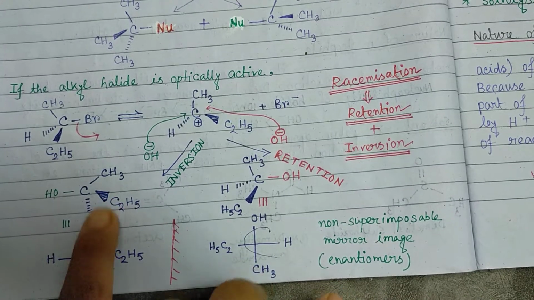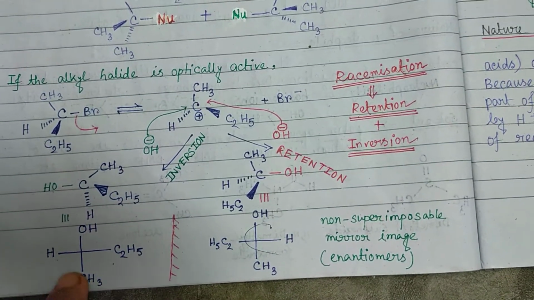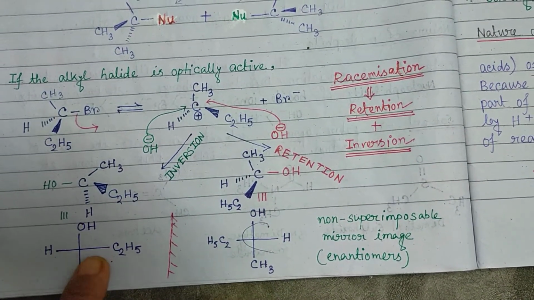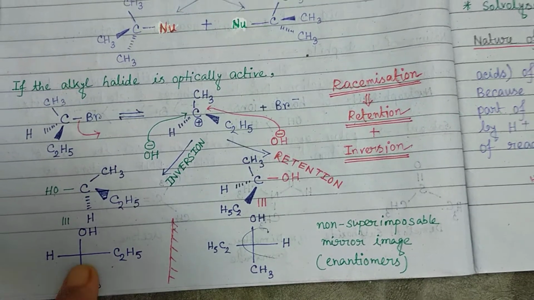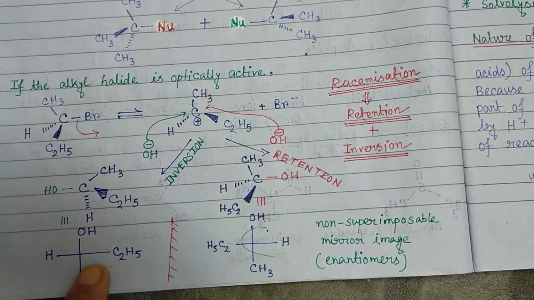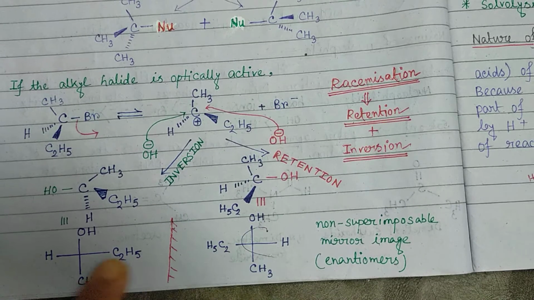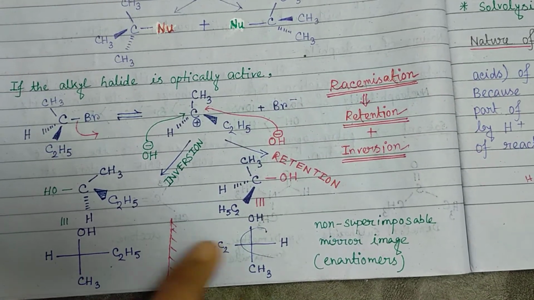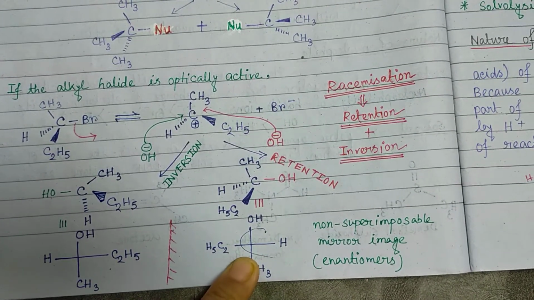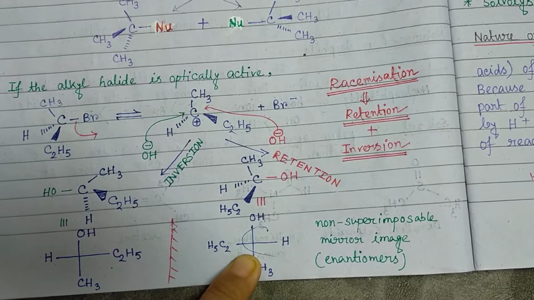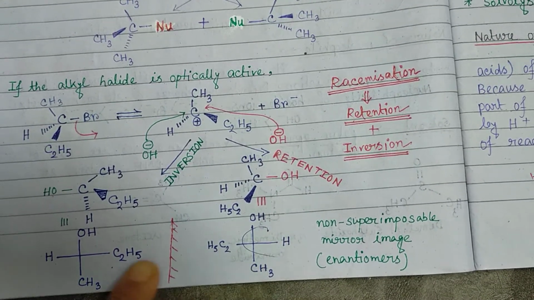If we see these products in the Fischer configuration, then we can easily observe that the configurations of these two molecules are opposite, and they are enantiomers, or non-superimposable mirror images.